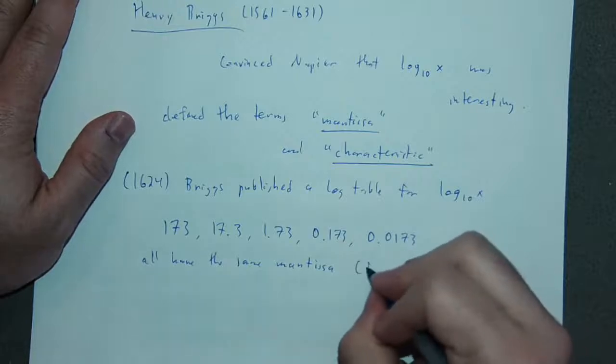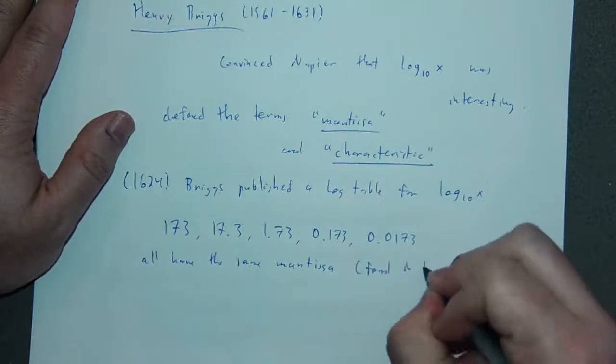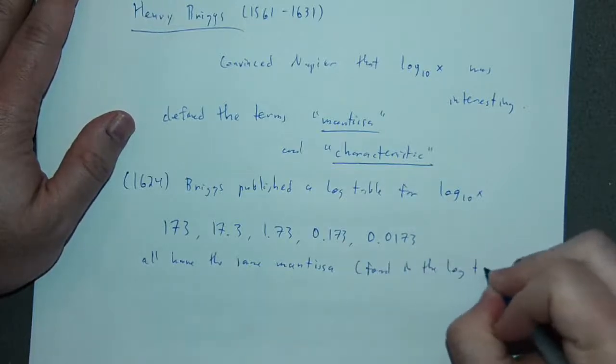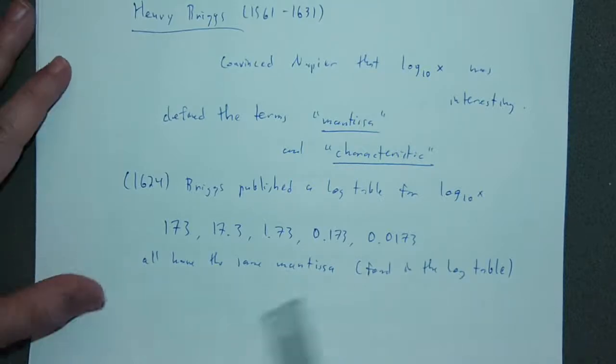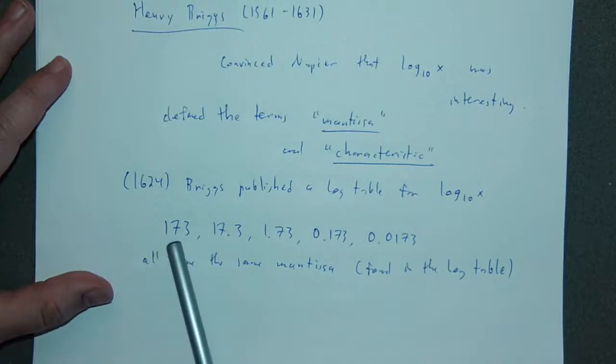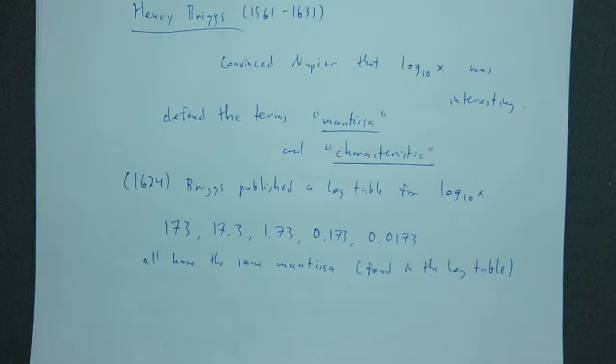This is found in the log table. But you know that the logarithm of these things is not the same. So what is the difference between, say, the log of 173 and log of 0.173? Well, this is where characteristic comes in.